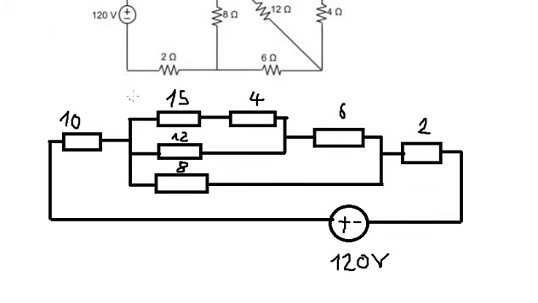In the first one we see that we have 15 and number 4 in series in here. We sum the two numbers together and you will get 19. Next, 19 parallel with number 12, so I will put it into the green one.